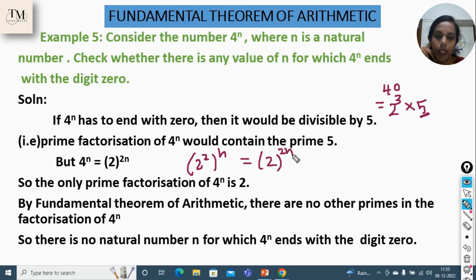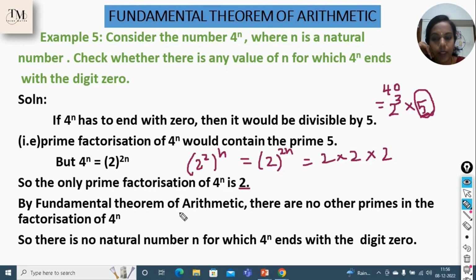If we put any value of n, 4 power n will always be a product of 2's. Only 2's. No other prime will occur here. But we need 5 to conclude that 4 power n ends with 0. But there is no factor 5 because the only prime in the factorization of 4 power n is 2.